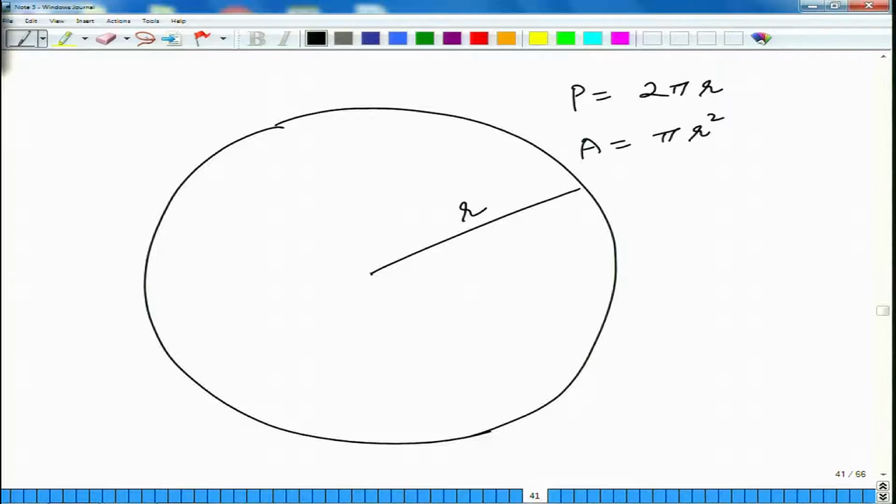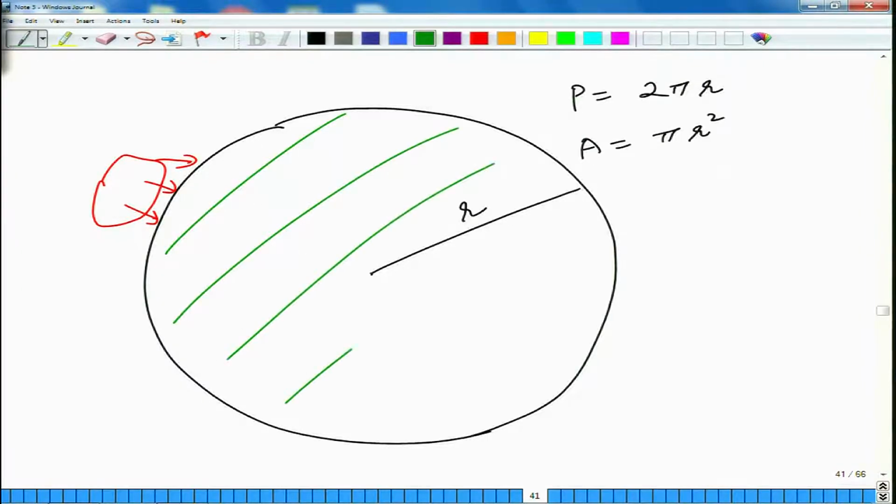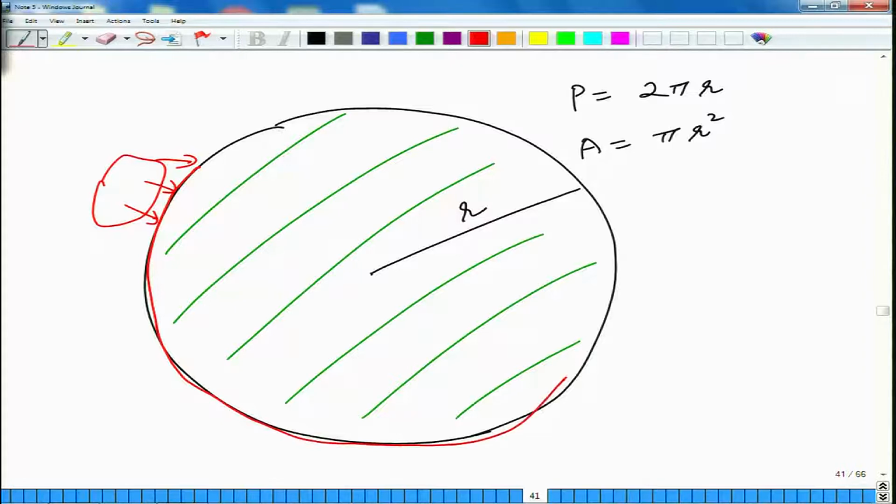Now, when we talk about protecting a reserve, we might have a human settlement here, and humans might want to get into the reserve, say for poaching or for extraction of timber or fuel wood. In that case, when we need to protect all of these areas, the strategy normally is that we protect the boundary, because if the boundary is secure, then people from outside will not be able to enter into the park.